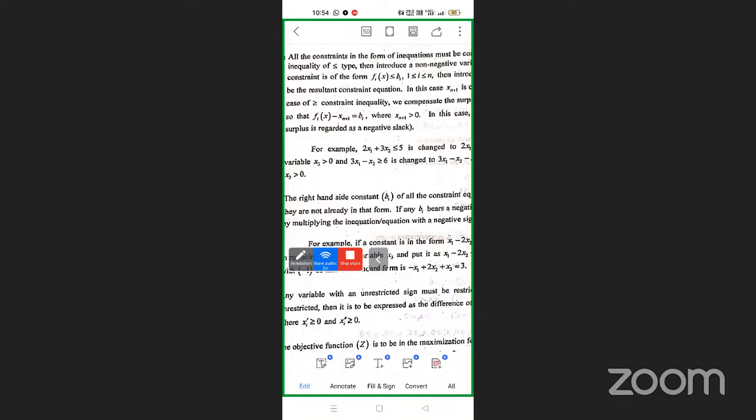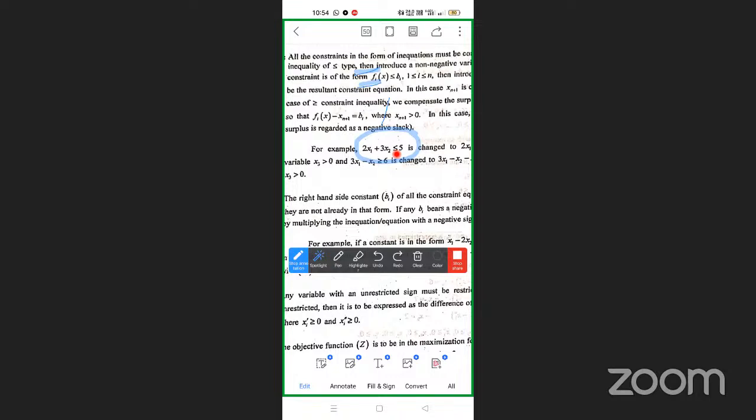So we can convert inequalities to equalities, that is, less than or equal to, or greater than or equal to, into equations.